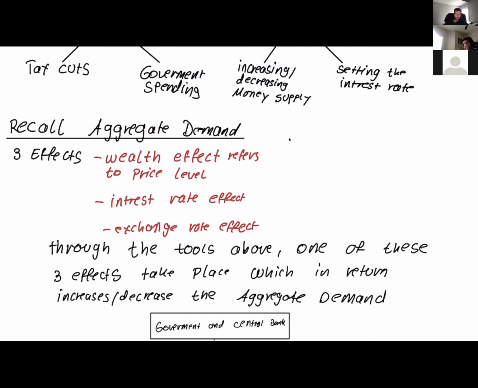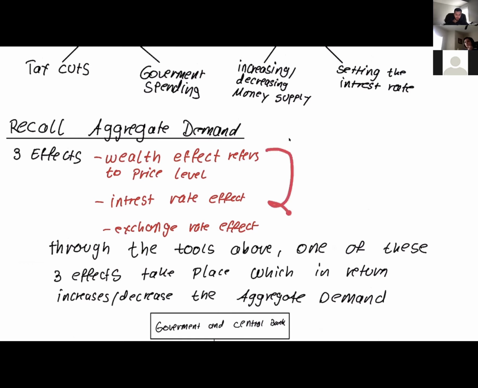Three effects of the aggregate demand. There's the wealth effect, which refers to price level, when you have this graph, and there's the interest rate effect and the exchange rate effect. So through these tools above, one of these three effects takes place, which in return increases or decreases the aggregate demand.